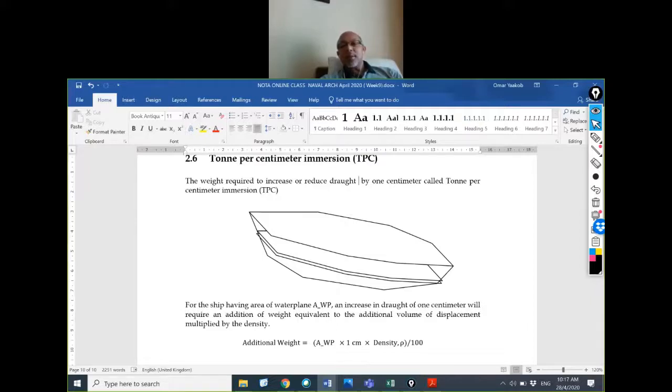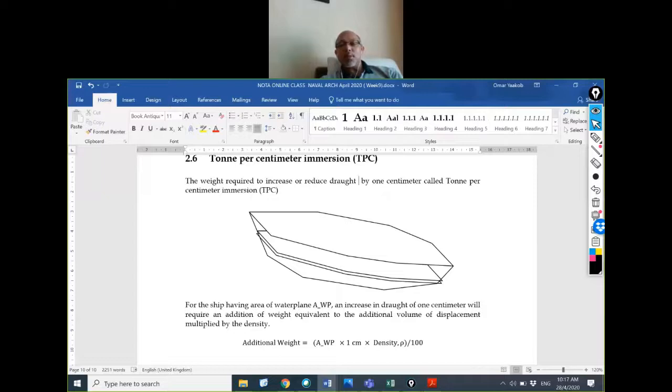That means if the TPC of the ship is 100, you put 100 tons on the ship and the draft will change by 1 centimeter. Remove 100 tons from the ship, and the draft will be reduced by 1 centimeter.